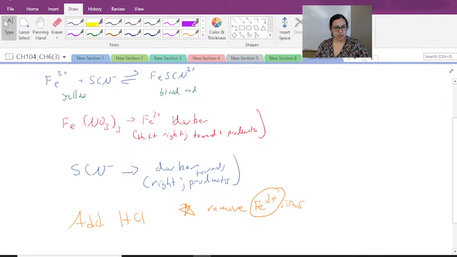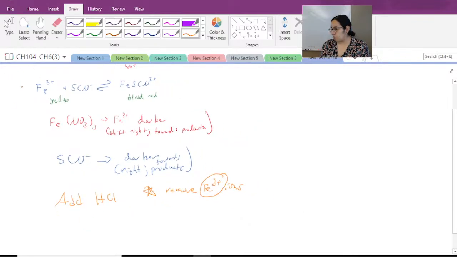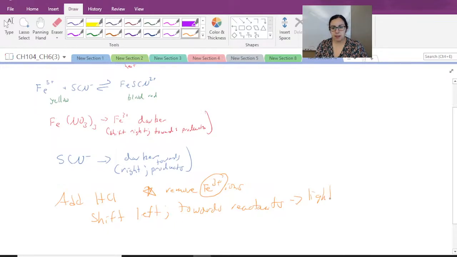To the left, exactly. If we remove our products, well, now it's going to want to make more to compensate. And of course, we would have increasing concentrations of just our potassium thiocyanate. So, excellent, shift left, towards reactants. And then I assume everyone saw that this got lighter, which matches with our theory.